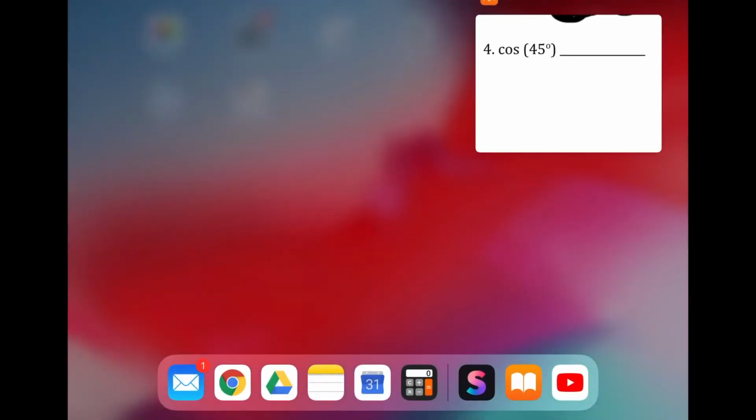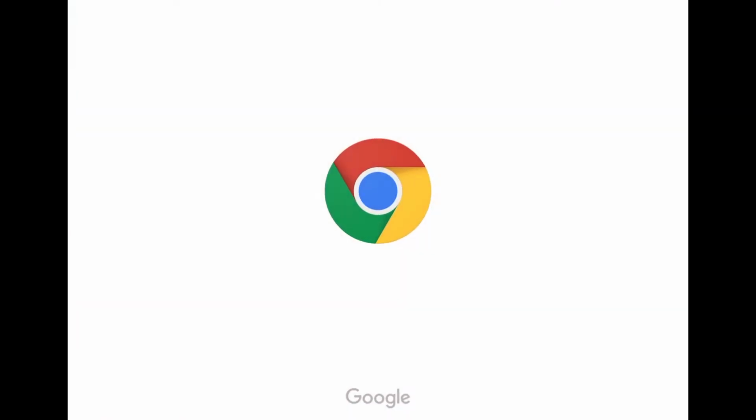So for number 4, we have cosine of 45 degrees. We're going to go into our calculator and find this answer. Because I am on my iPad, I am going to do this on Desmos.